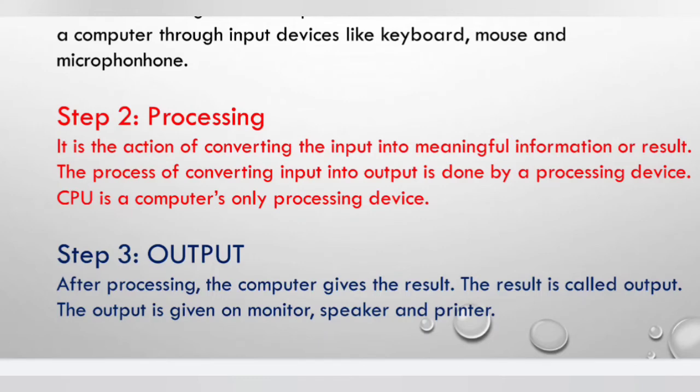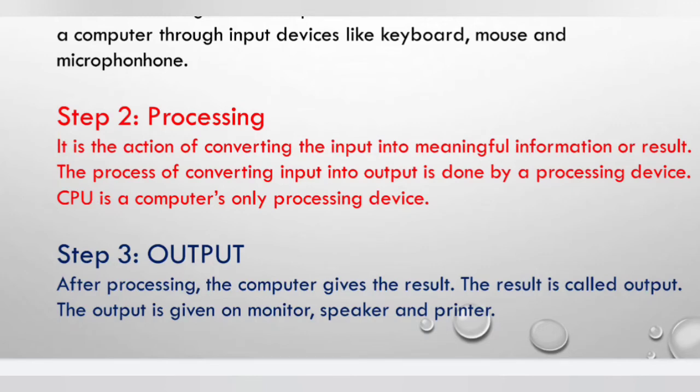Processing is the action of converting the input into meaningful information or results, and the computer gives the result. Whatever actions are taken by the computer on that particular input to convert it is known as processing.